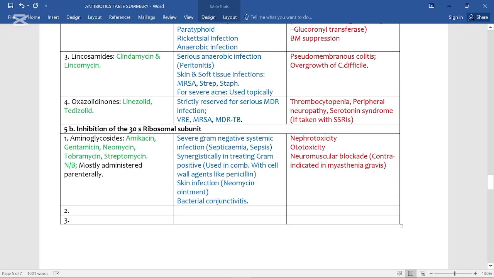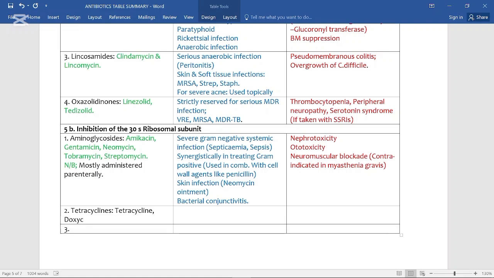Another one that you have to discuss, which is very common, is the tetracyclines. So here I've got the tetracyclines. And tetracyclines, some of the examples of the drugs that fall under this category, you have the tetracycline, the doxycycline. This is the spelling, doxycycline, doxy. You have the minocycline.